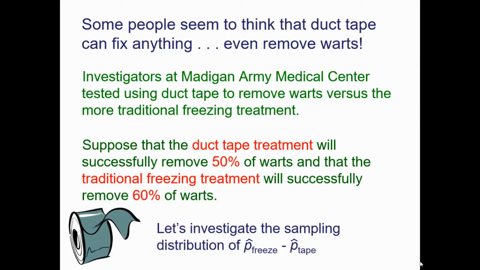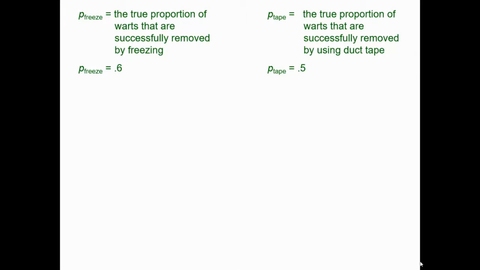Let's investigate the sampling distribution of p hat from freezing and p hat from taping. So, of course, P of freezing is the true proportion that are successfully removed by freezing. And we say P of freezing is 0.6. Similar concept for taping.